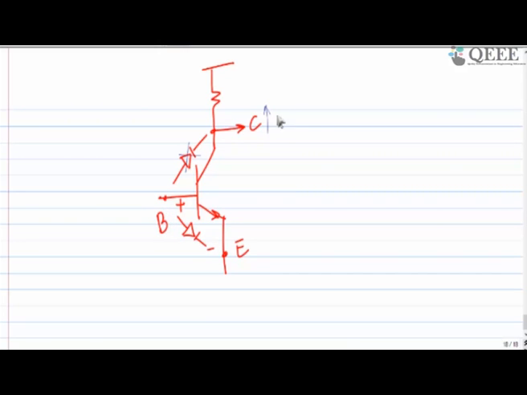So this has to be plus plus, this has to be plus and this has to be minus. With respect to collector, base has to be a lower value, and with respect to base, emitter has to be a lower value.